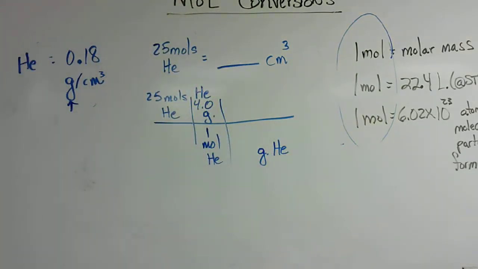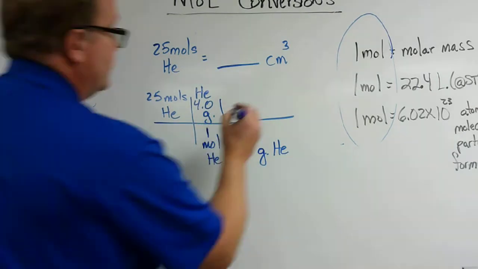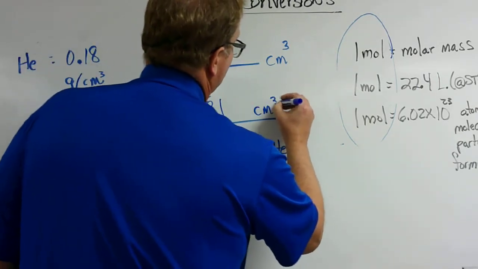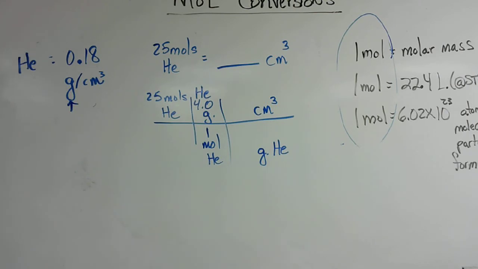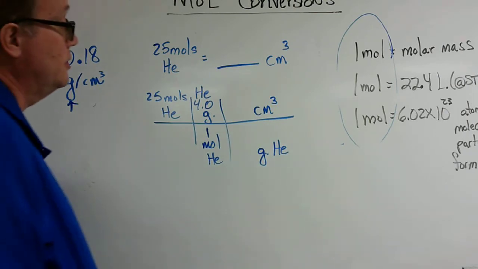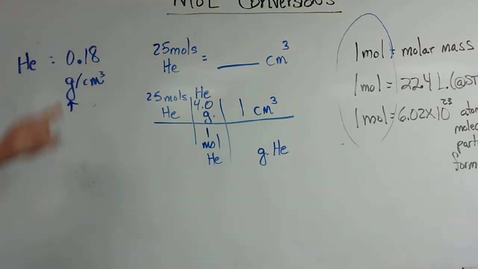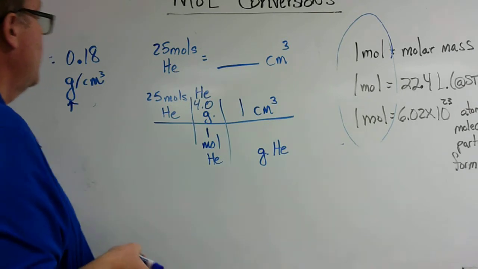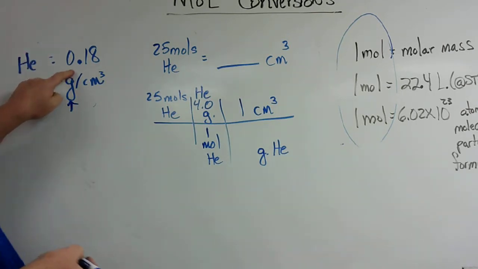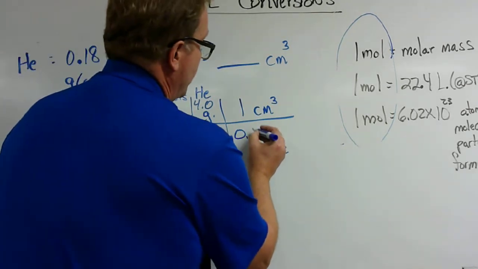Then we use our conversion factor, which is cubic centimeters. From the previous one, we know that the cubic centimeters came out as 1, because it's grams per 1 cubic centimeter. And now I have to use my density, 0.18.